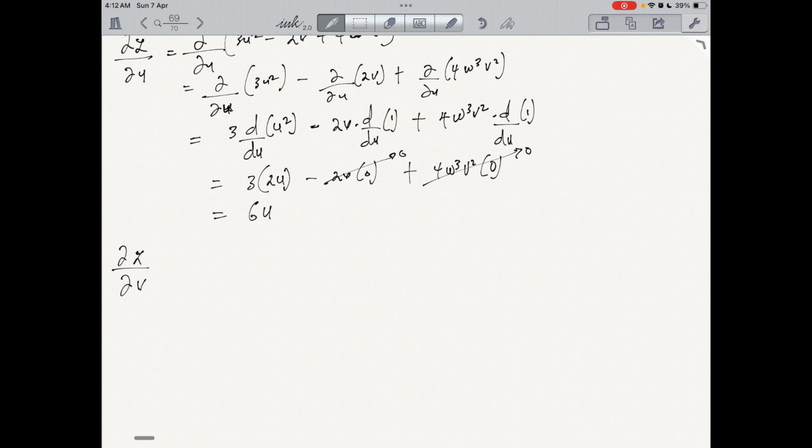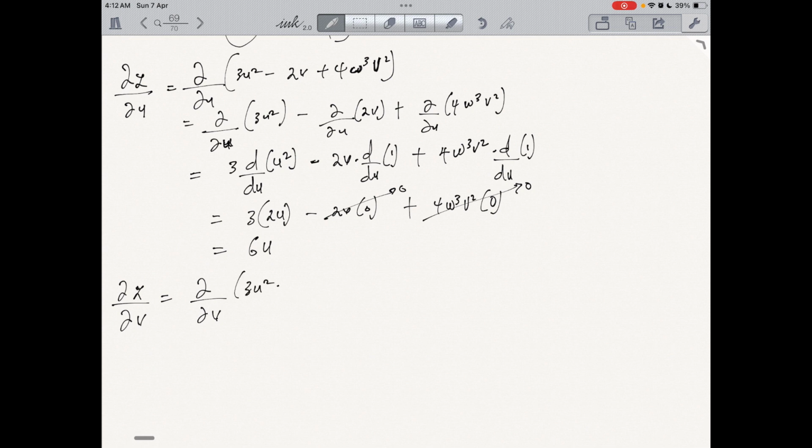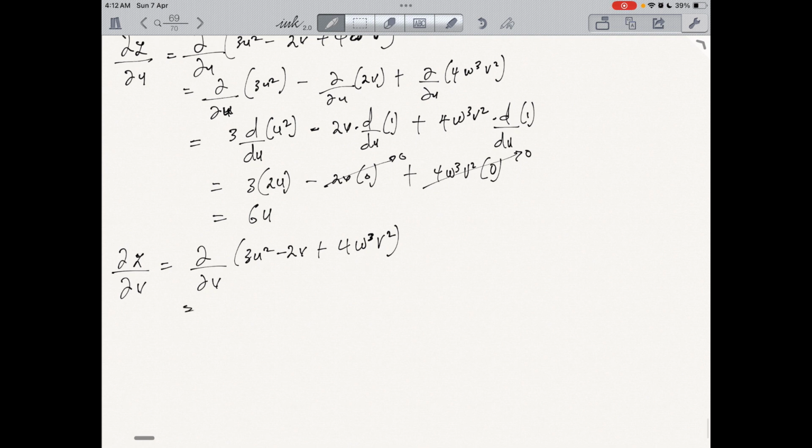Now for dz/dv, we are differentiating partially with respect to v of 3u squared minus 2v plus 4w cubed v squared. And let's split further, and then we have 3u squared minus partial derivative of 2v plus partial derivative with respect to v of 4w cubed v squared.